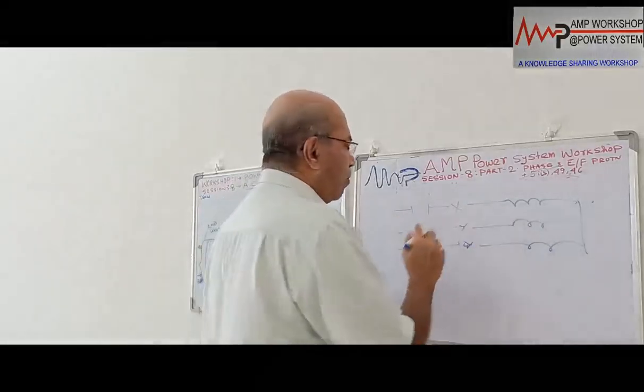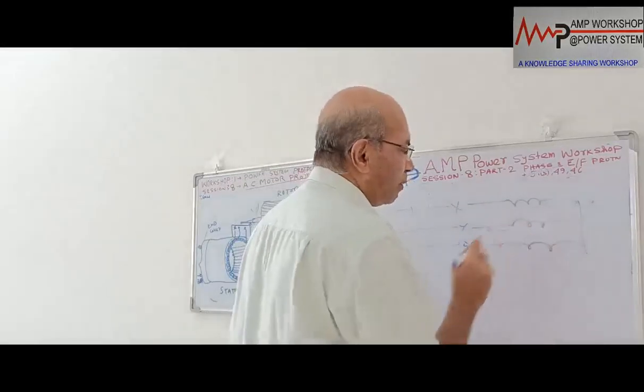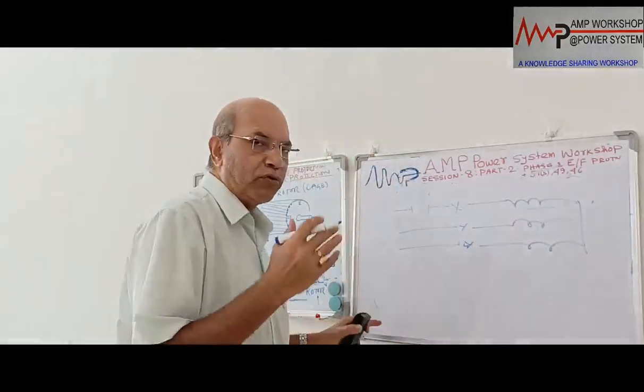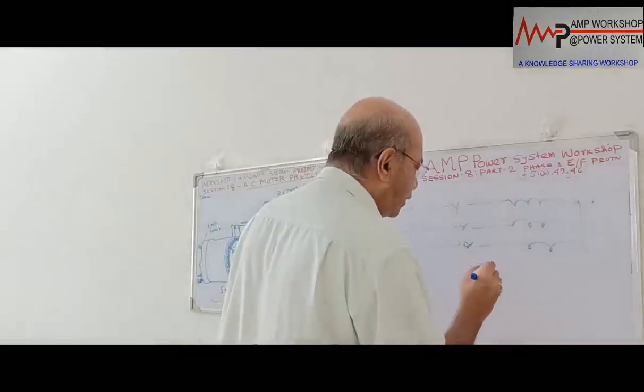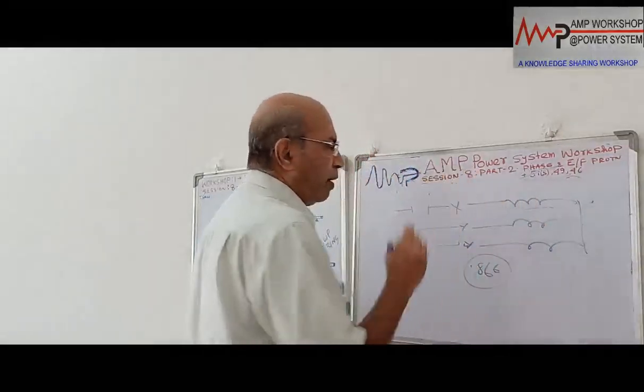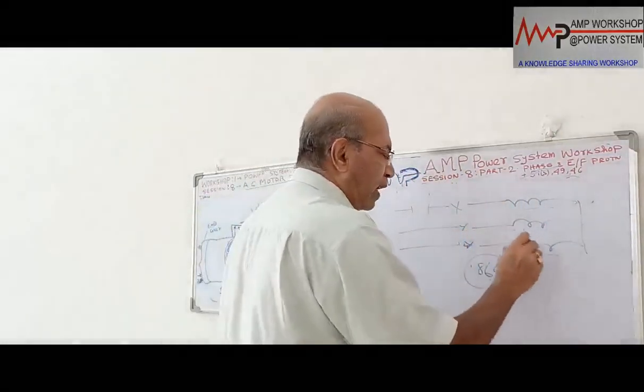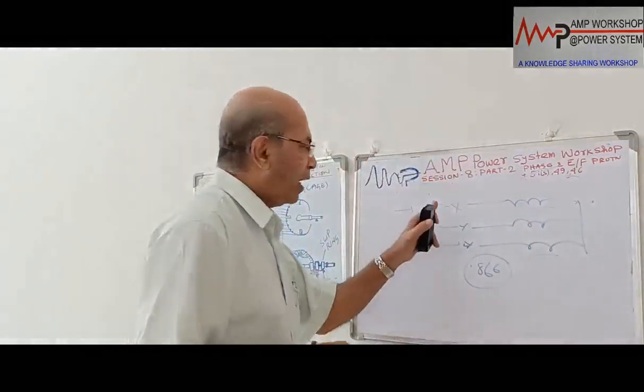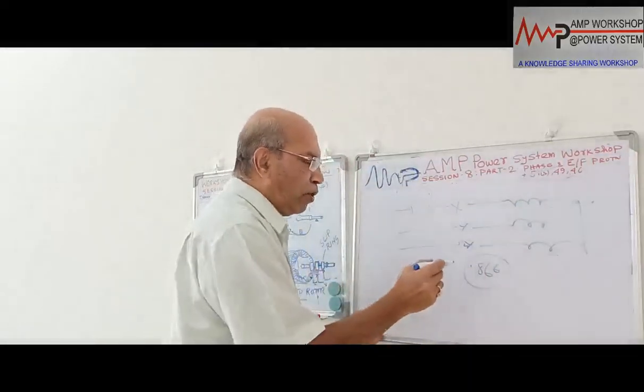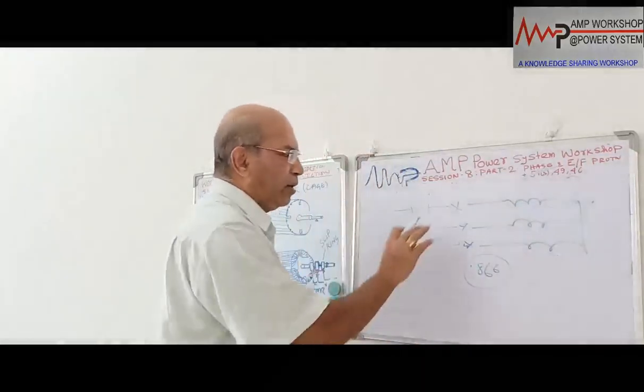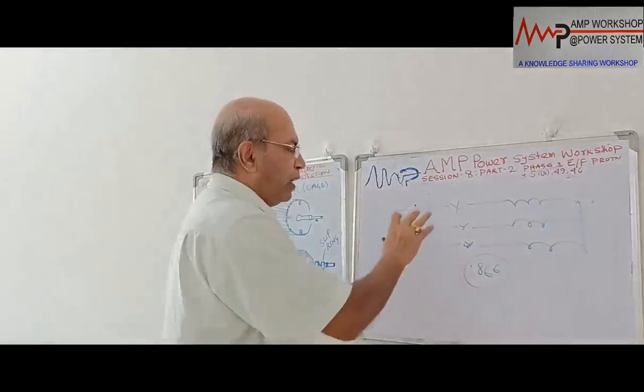Then what will happen? One phase of the supply has gone, only 2 phases remain. In that case the motor will draw about 0.866 of the phase current. These 2 phase currents will become high, the other current will be very low, and the motor will not produce enough torque.